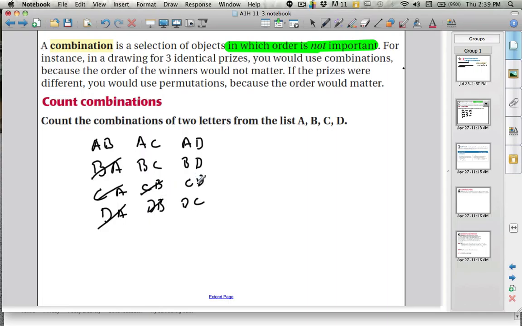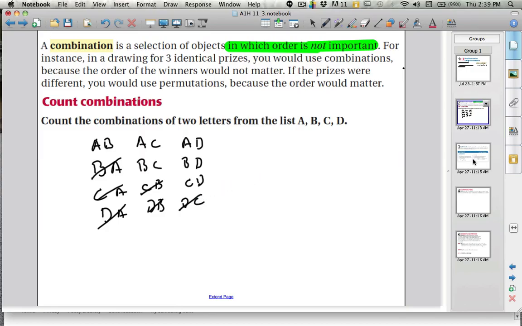And I have CD and DC, that's redundant. So in terms of permutations, there are 12, but in terms of combinations, there are only 6. When order doesn't matter, CD and DC are the same thing.